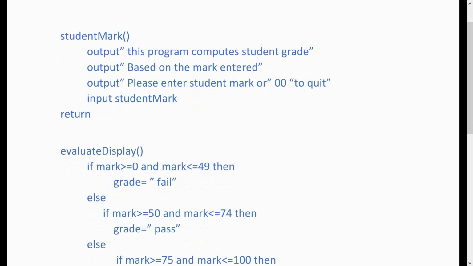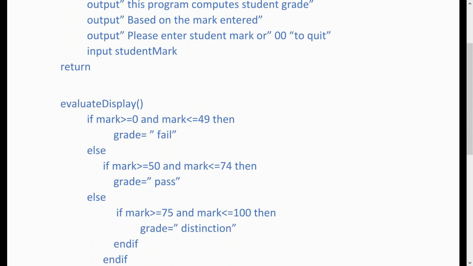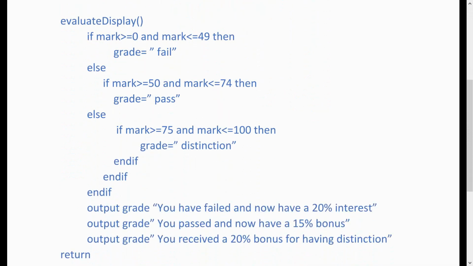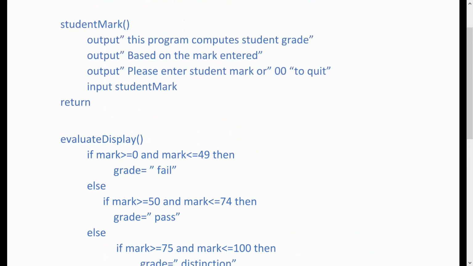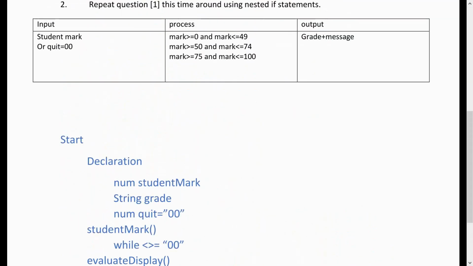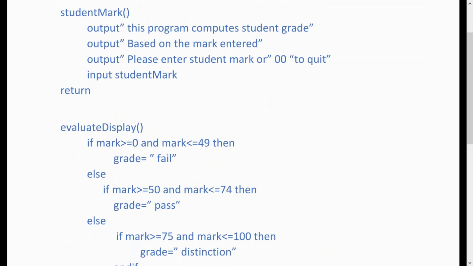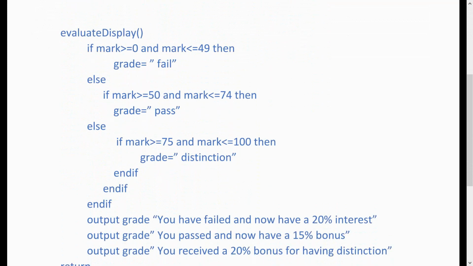Now we are going to the next module. This is the other module, evaluate display. Now remember, we have already determined what our processes are going to be using the IPO chart. Now we come to the evaluate display module, and we code our processes.